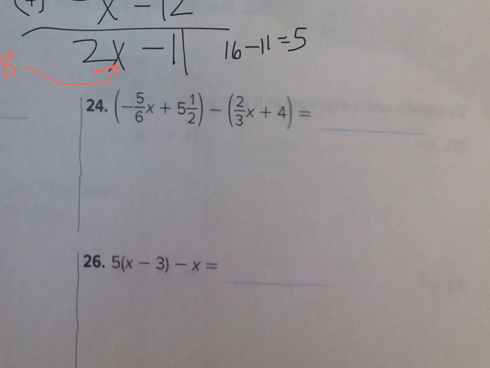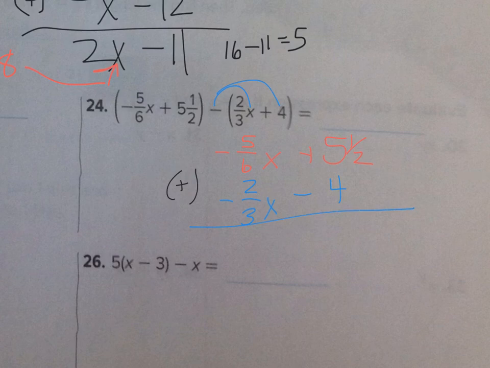When you take a negative 5/6x plus 5.5, and you add a negative 2/3x and a negative 4, when you combine 5.5 minus 4, you get 1.5.